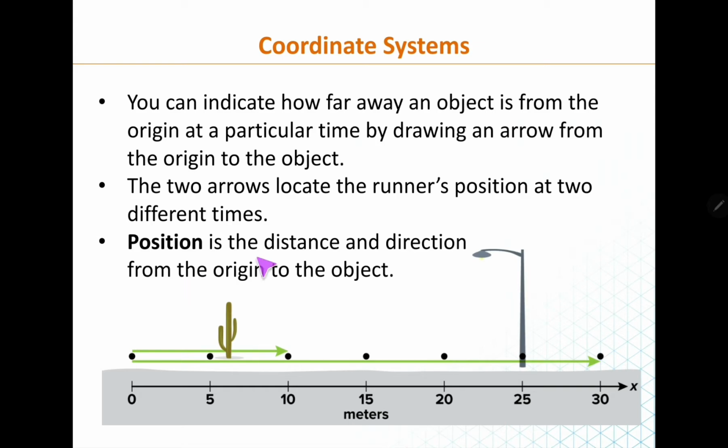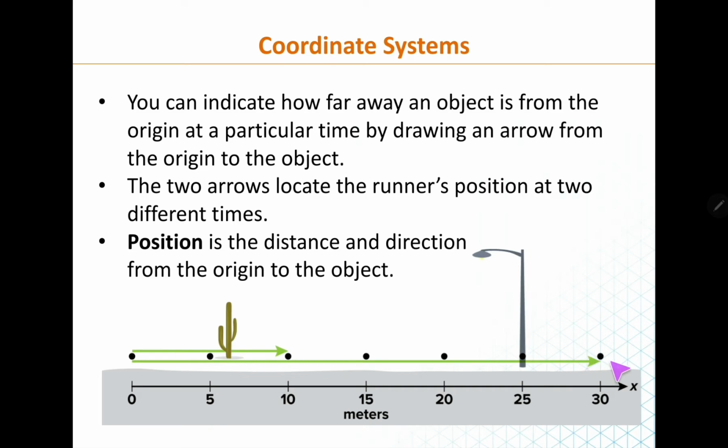So, position is the distance and the direction from the origin to the object. Let's suppose that this is the first position for the runner. This is the distance and direction from the origin. The distance from the origin to this point is 10 meters, and the direction is to the right.